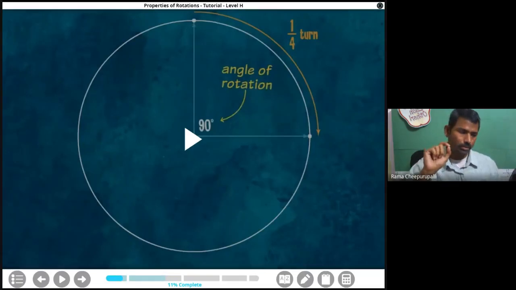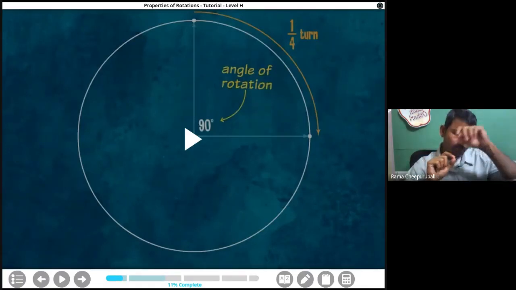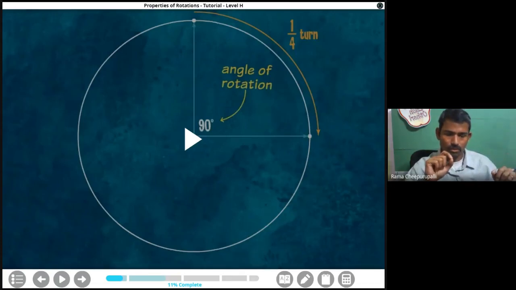Let's say you have a point, you turn or rotate it, but how many degrees are you rotating? That's called the angle of rotation. So how much angle are you turning around? Please write it down in your notebook. And if you're done with it, just put it in the chat box, done. That way I can move on.